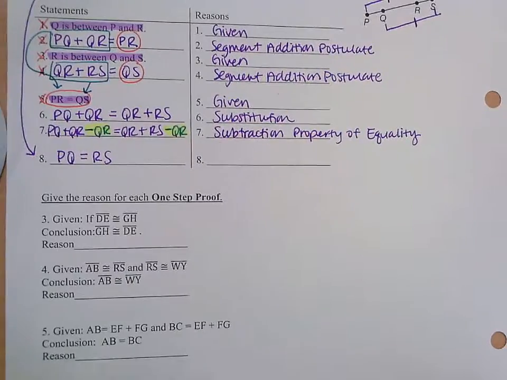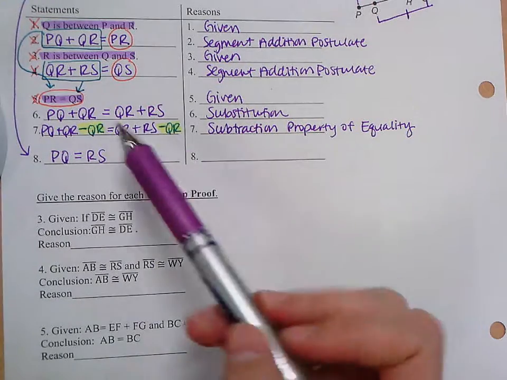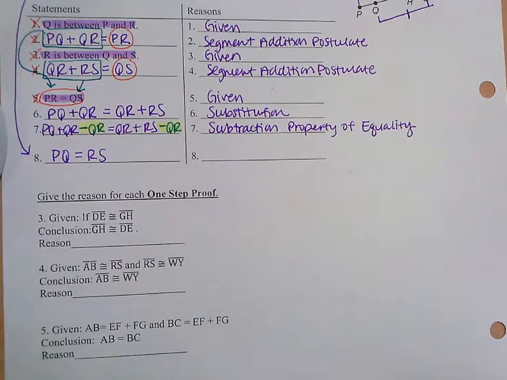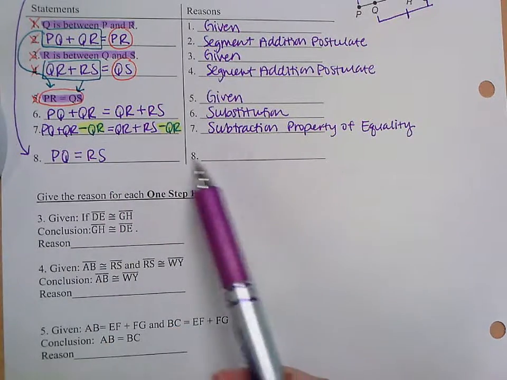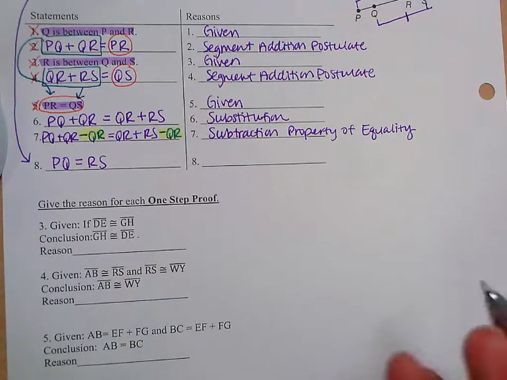When you subtract the same thing from both sides. So it doesn't have to be that you're subtracting a number from both sides. It could be you're subtracting the same, in this case, the same measure from both sides. And then by doing that, again, the QRs cancel out and you're just left with PQ equals RS. So the reason for this one, this would just be like when we did the addition, subtraction, multiplication, or division facts.